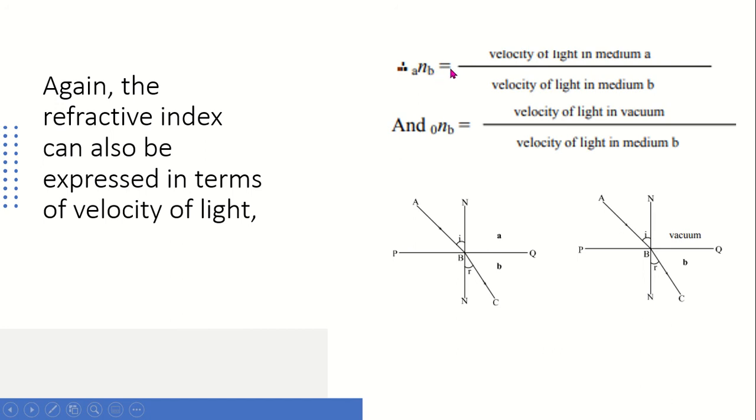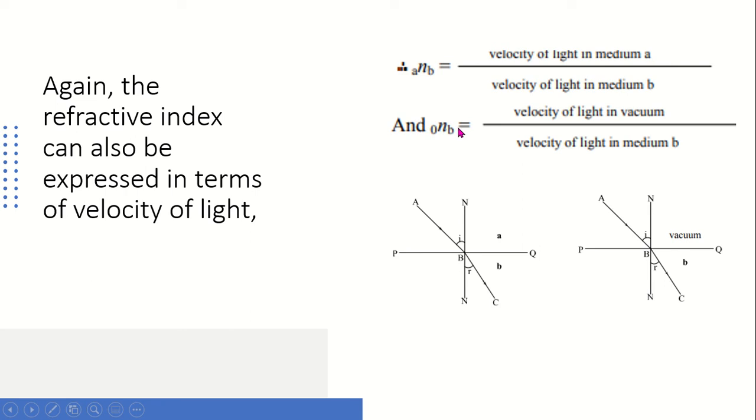So in that case, the refractive index will be the velocity of light in the first medium divided by the velocity of light in the second medium. That means velocity of light in medium A divided by velocity of light in medium B.